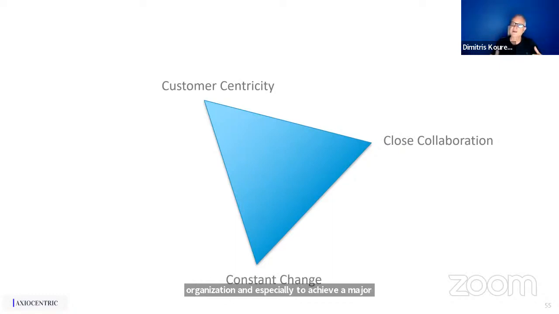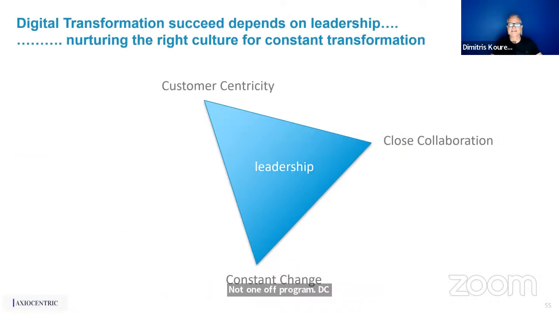And of course, you need to nurture this mindset that people have to keep learning, keep changing, keep adapting all the time. It's not one-off project, not one-off program. This is ongoing. And this is about leadership, because digital transformation will go better or worse depending on the leaders in charge. If you don't have strong leadership in charge, it's very unlikely you will ever succeed.